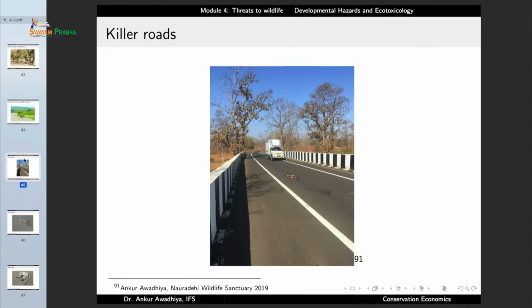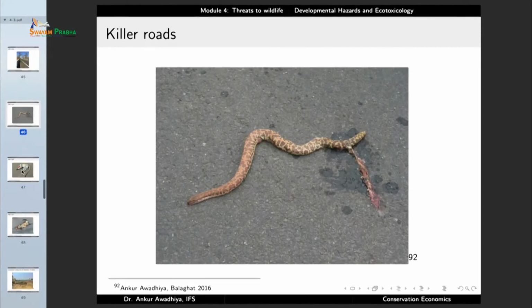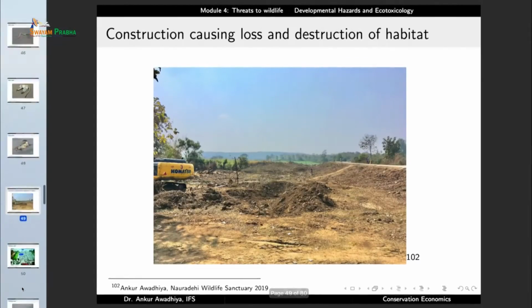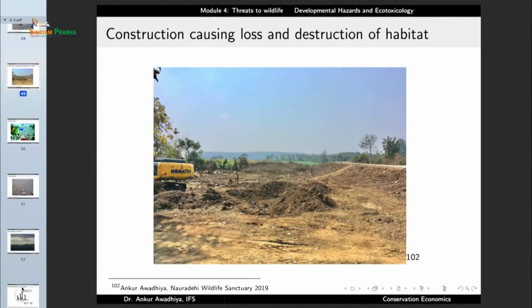If they try to cross, they might get hit and killed, or even otherwise, there is a huge destruction in their habitats. So these are all different hazards of unsustainable economic growth.